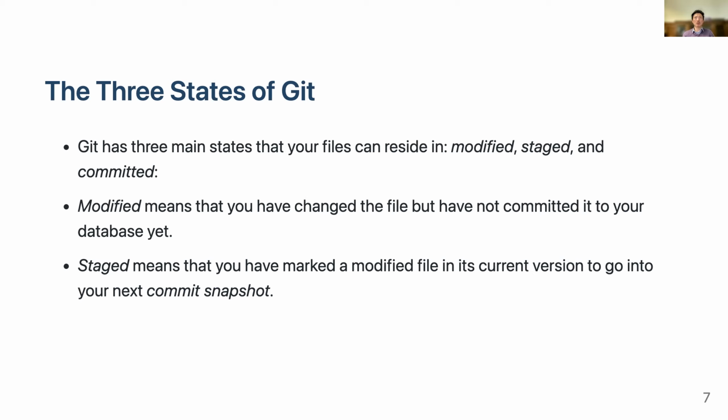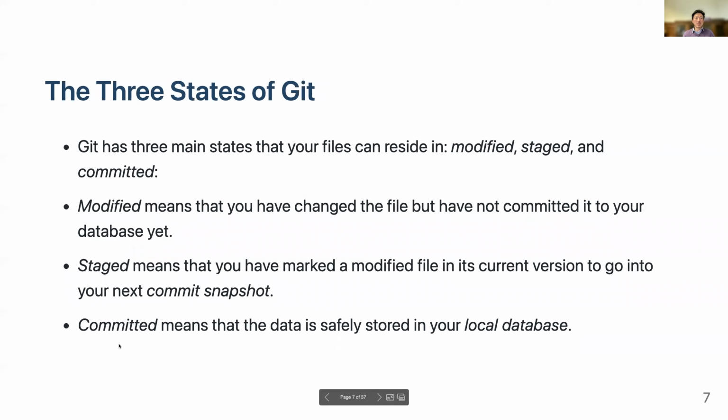Maybe you only want to include 3 of them in the next version, which is completely fine. If the files are marked to be included in the next version of your project, they will be called staged. So not all the modified files will be staged. Usually that is the case just when it's one simple project.